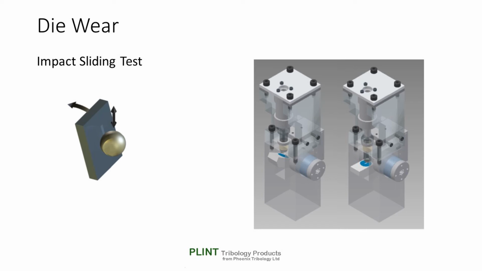The ball impacts the plate, which deflects through a preset angle, causing a wear track to be formed. The test is used to evaluate PVD and CVD coatings for die wear protection.